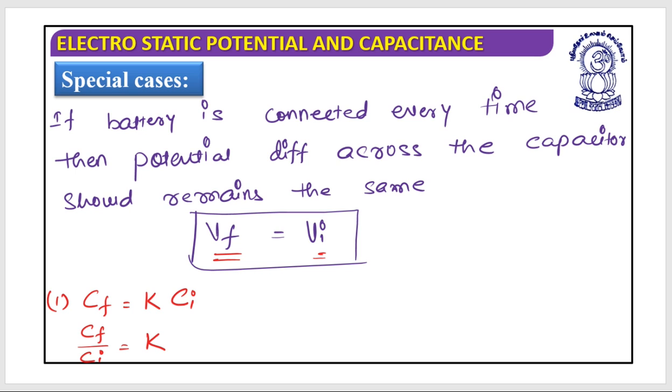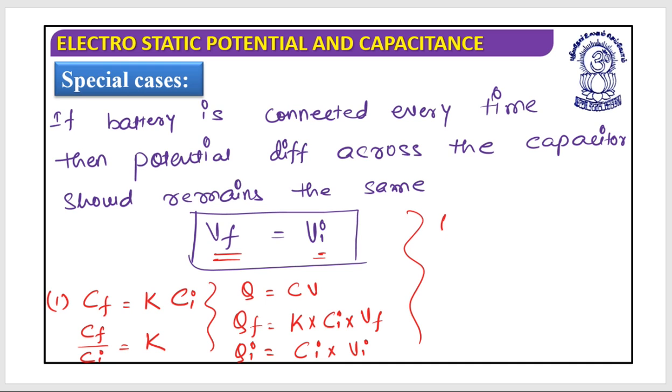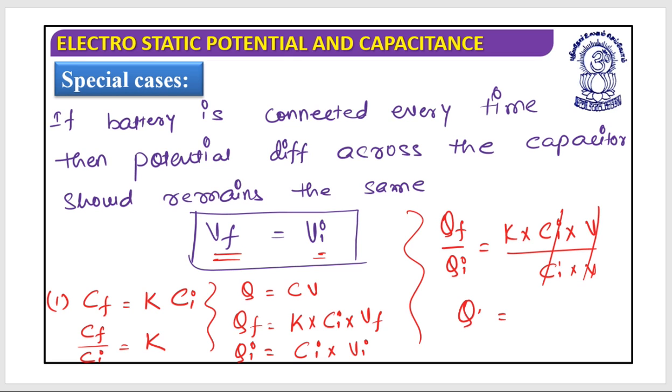So now it's a turn for the charge. What I can write for the charge is that Q is equal to C into V. So Qf, the final charge, would be equal to k times C initial multiplied by V final, and Q initial was C initial into V initial, but as I know Vi is equal to Vf, so Qf by Qi is equal to k multiplied by Ci multiplied by V, divided by Ci into V. This has gone, and Qf by Qi is again equal to k.